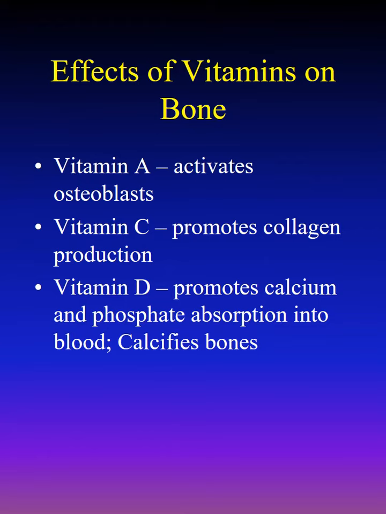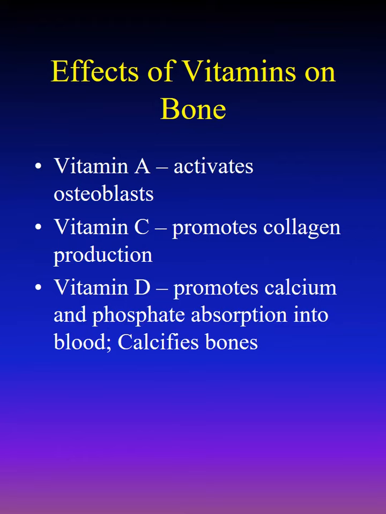Vitamin C is also required for normal synthesis of collagen, and so a lot of sailors back in the day who did not have enough vitamin C from fruits and vegetables tended to have a lot of scurvy, and this did not allow for collagen to be produced, and so they would have weaker bones. And so usually this would be seen actually within their teeth.